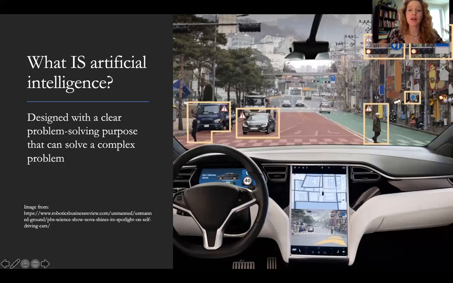Then it combines all this information and processes it instantly, and makes a very quick decision about how to navigate the car. So there's a lot of data and input, and this is received and run through the complex algorithm that then emits an output, which is the decision of how to operate and move the car.